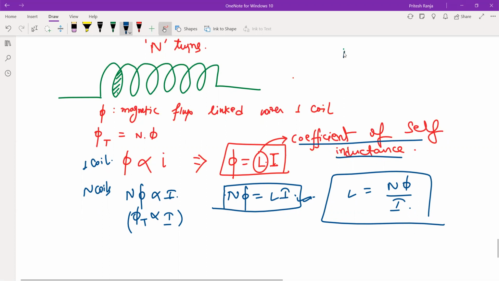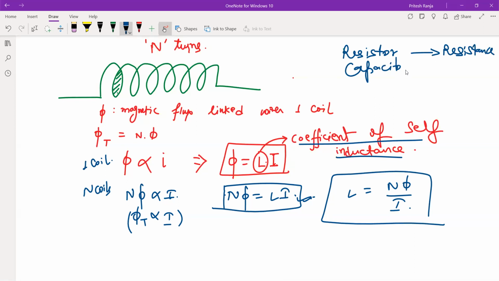So if we had a resistor, this resistor had the property resistance. We had talked about capacitor and they had the property of capacitance. Now we are talking about inductor. It will have property of inductance. So what is resistance? Property to oppose current.